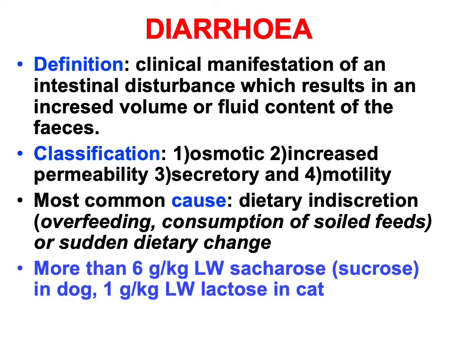Or 1 gram per kilogram live weight lactose in cat is the tolerance level. It is not a great amount of milk, maybe a deciliter per cat per day. Above that, the lactose also will cause osmotic diarrhea.